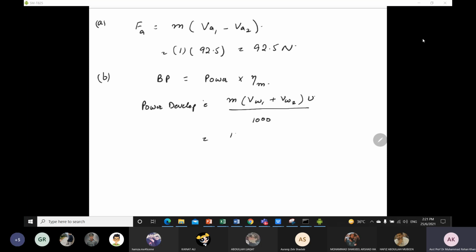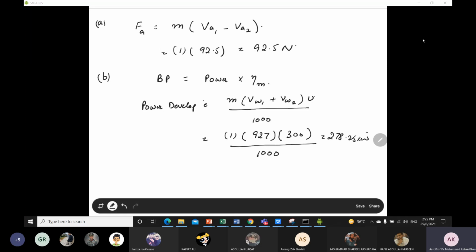VW1 plus VW2 is mentioned in the problem statement, 927.5. Blade velocity 300 is also mentioned in the question, divided by 1000, so it is equal to 278.25 kilowatt.